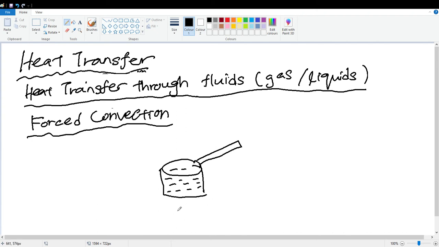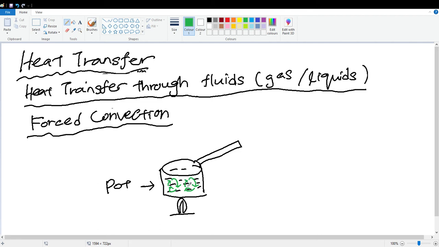So I supply my heat beneath this pot. Okay, let's say this is my pot. So I supply my heat below this pot. So what can be observed is actually a circular path of the water which is formed. So why is this so?